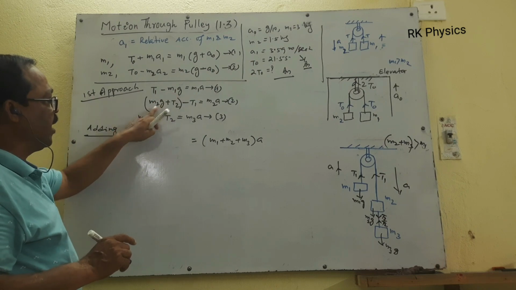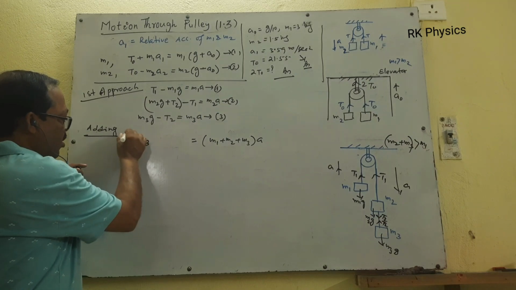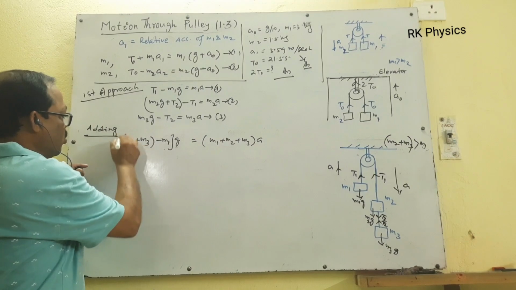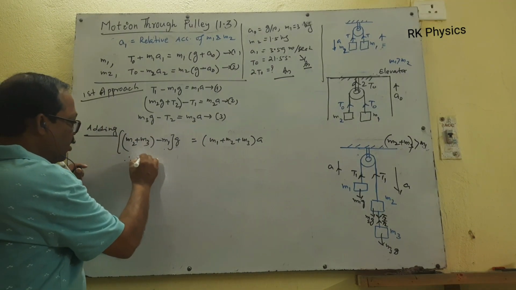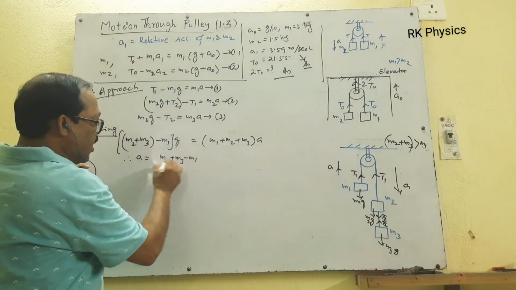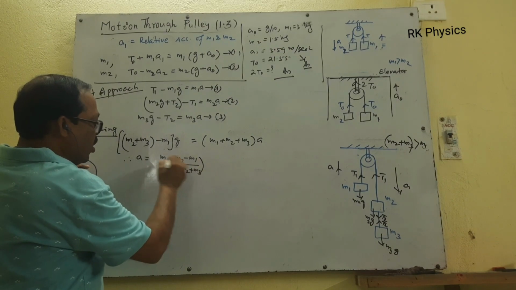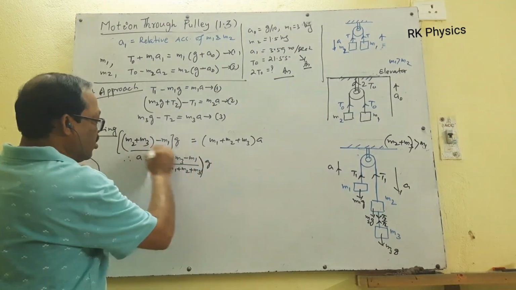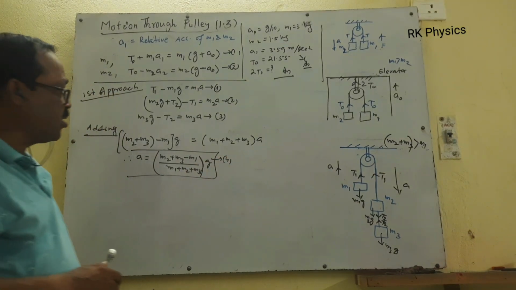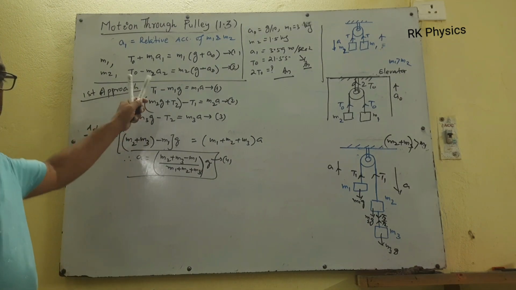Therefore there is one negative term and two positive terms: M2 plus M3 is positive, minus M1 negative, into G. So the acceleration is M2 plus M3 minus M1, divided by M1 plus M2 plus M3, whole into G. If you substitute this value of acceleration in the first equation, you get T1.